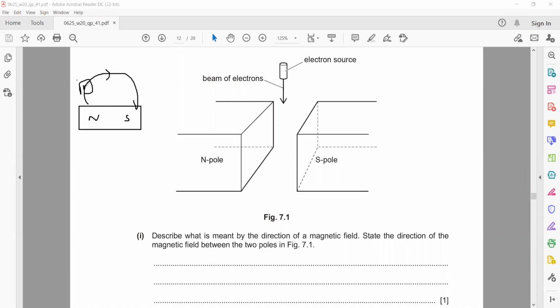If I place a north pole here, it will move away from the north and towards the south. So basically the direction of a magnetic field is the direction of force experienced by the north pole. Where the north pole experiences the force, we call that the direction of the magnetic field, and in this example it is from north to south.